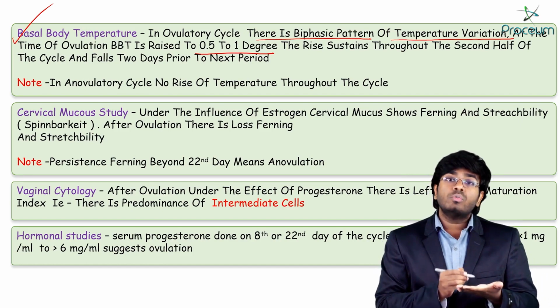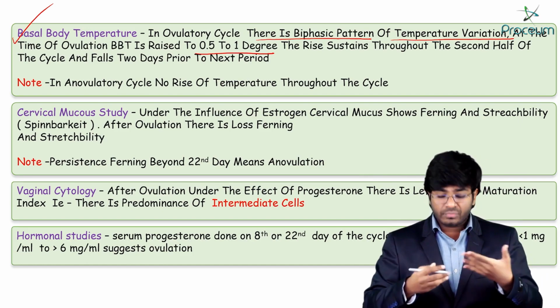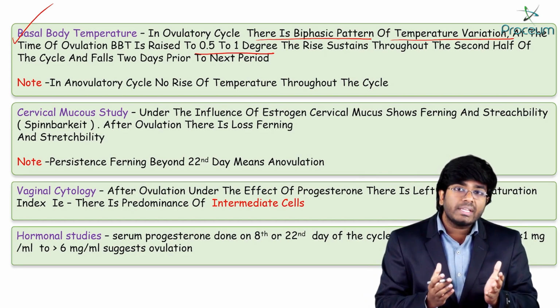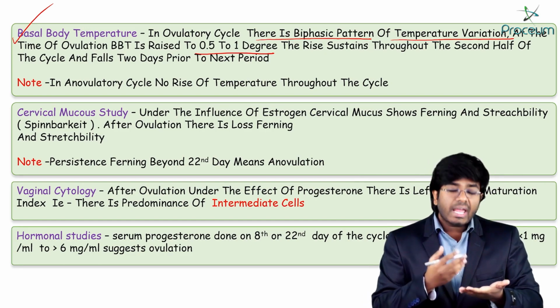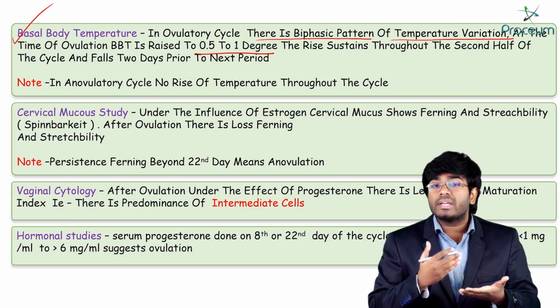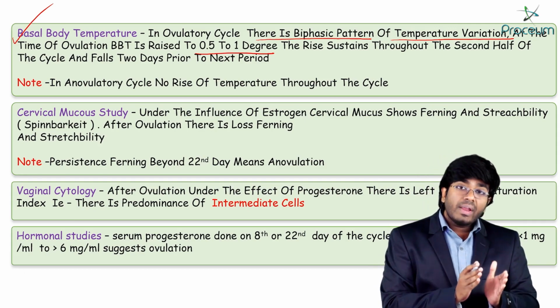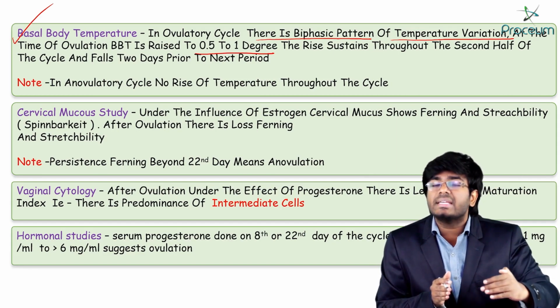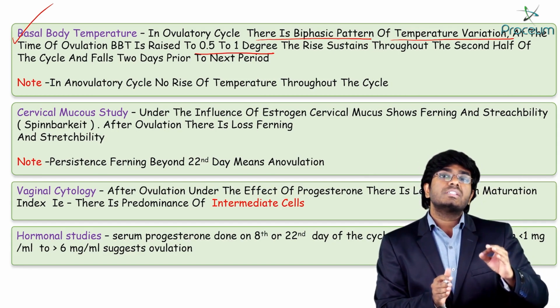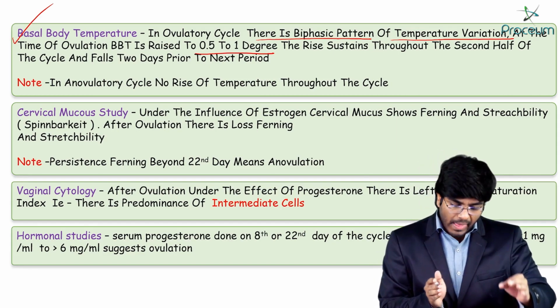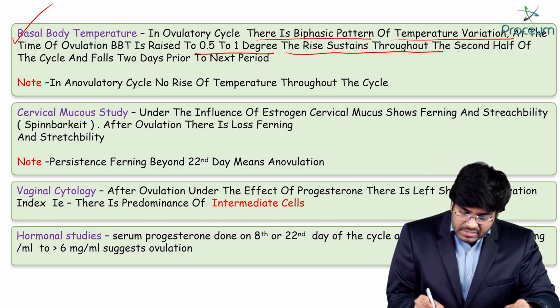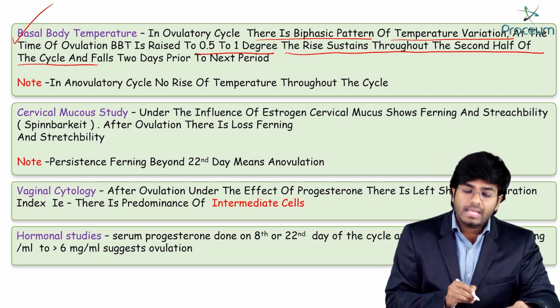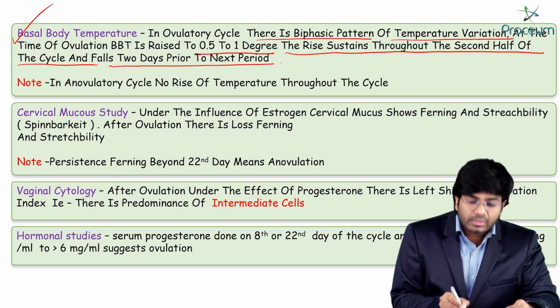So if she wants to know on which day she is ovulating, or whether she is ovulating or not, she has to continuously monitor her basal body temperature. Whenever her basal body temperature rises by 0.5 to 1 degree centigrade, it means that she is ovulating. This rise sustains throughout the second half of the cycle, the secretory stage, and falls 2 days prior to the next period.